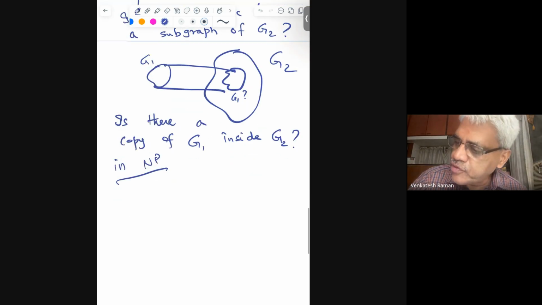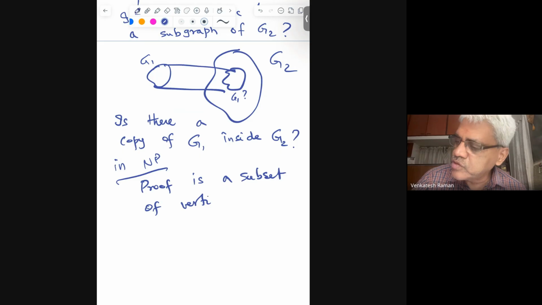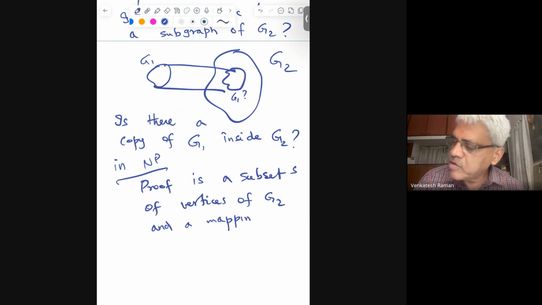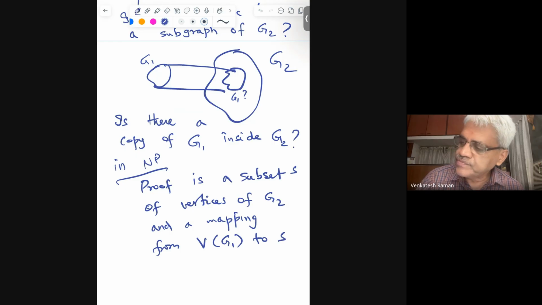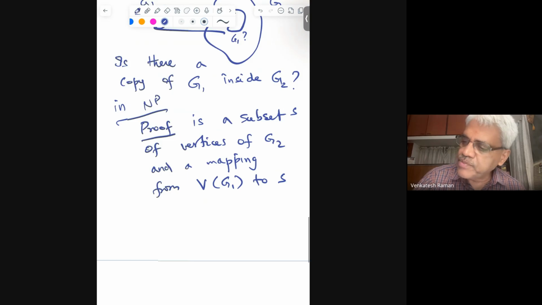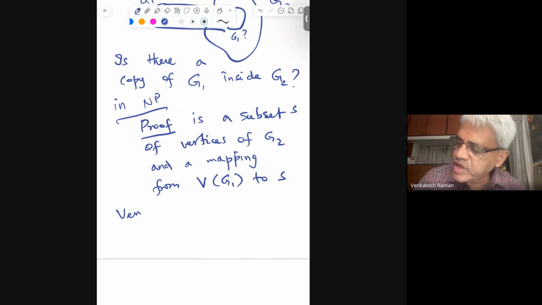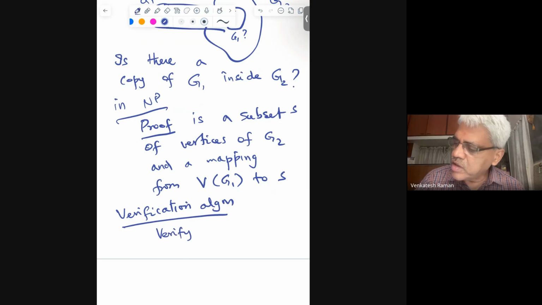So the proof is a subset of vertices of G2, let's say S, and a mapping from the vertex set of G1 to S. Whenever you say NP, you have to give a proof or a certificate, and the verification algorithm verifies that G1 and S are isomorphic.